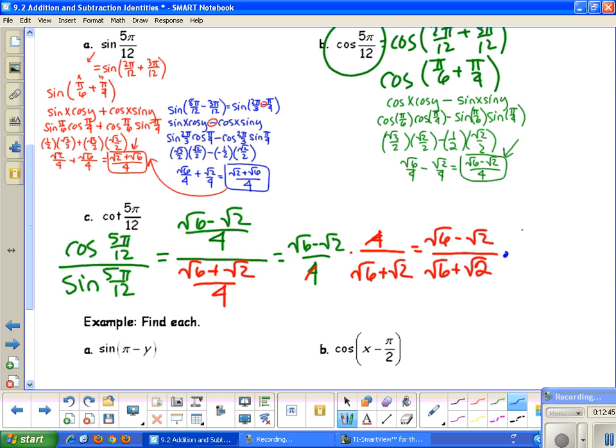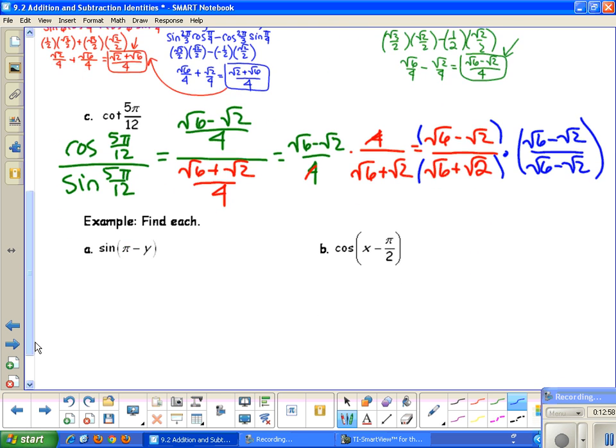I multiply by the conjugate, so the conjugate of this would be root 6 minus root 2, and I multiply that in my numerator and in my denominator. So when I do that, root 6 times root 6 is root 36, which is 6.